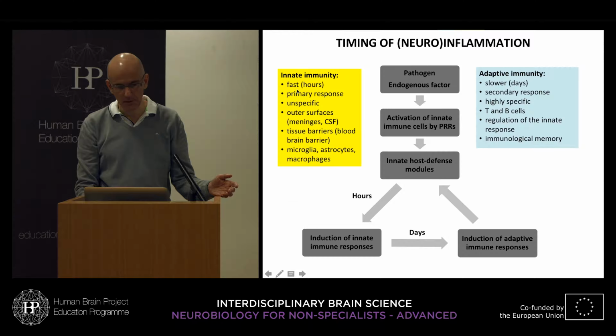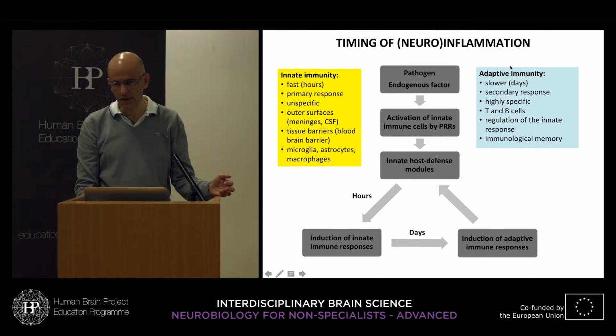It's a primary response, which is unspecific and occurs at outer surfaces, and in the case of the nervous system, this is the meninges and the cerebrospinal fluid. It involves tissue barriers, the most famous one being the blood-brain barrier, but perhaps also the blood-nerve barrier, and the cells involved are microglial cells, astrocytes, and macrophages.